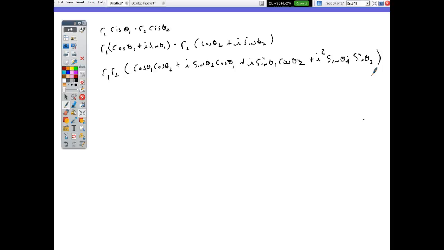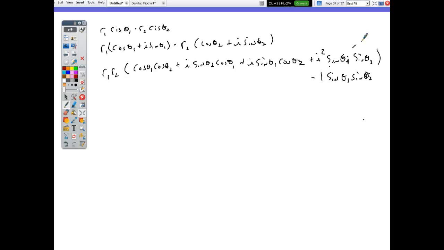Now I'm going to take the i squared here and turn it into negative 1. So I get the exact same thing except with a negative sine theta 1 sine theta 2. Would you allow me to just let the rest of this fall down? Agreed? Now I look at this and go, well, that's interesting.